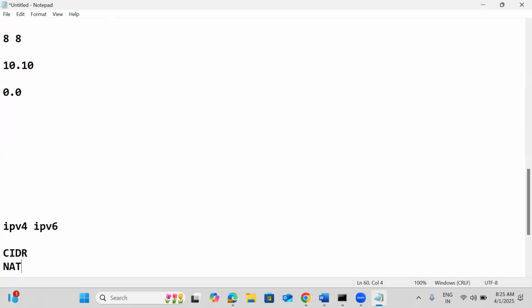At some point we all need to move to IPv6, but still we use IPv4 for two reasons: CIDR and NATing. These two concepts have given life to IPv4. Otherwise, we would go to IPv6.